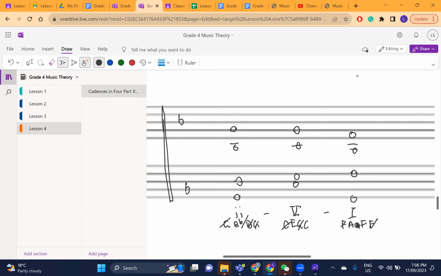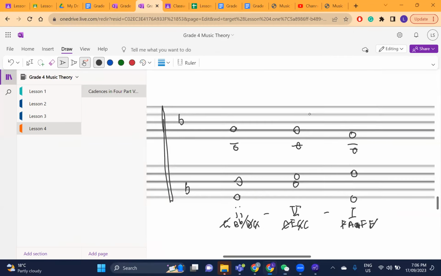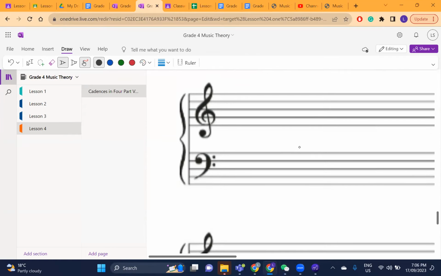Now, how to precede a, what is wrong with, okay. So you can always try double. Preceding plagal cadences, what are plagal cadences? What chords? Good.